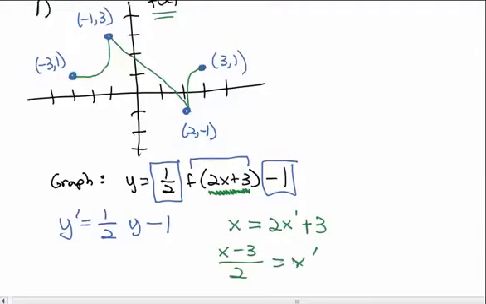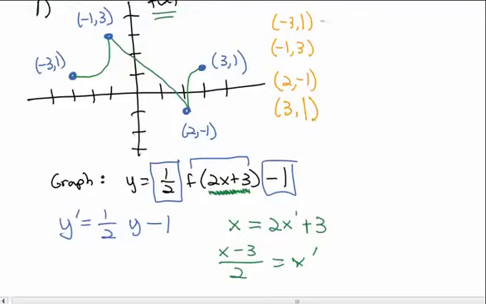So looking at our graph, we were given 4 points. The first point was negative 3, 1. The second point was negative 1, 3. The next point given to us was 2, negative 1. And the next point given to us was 3, 1.